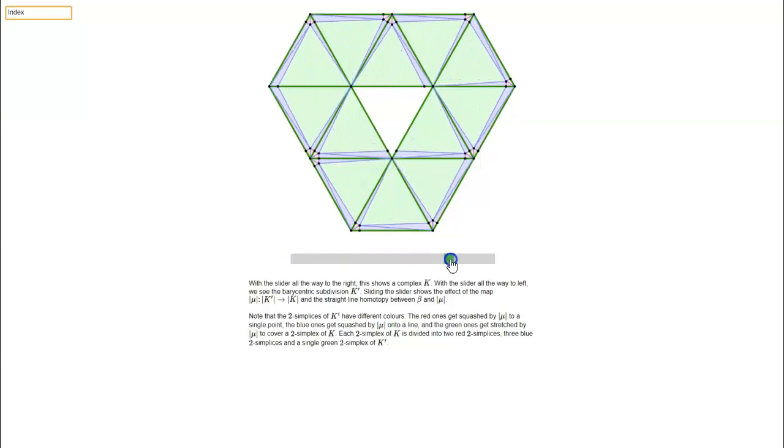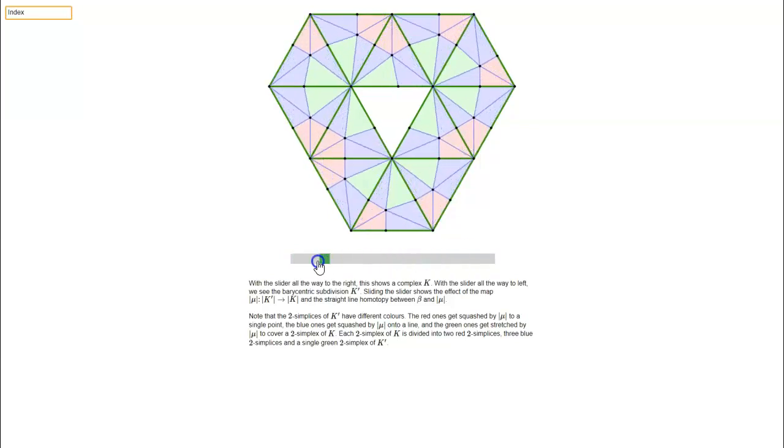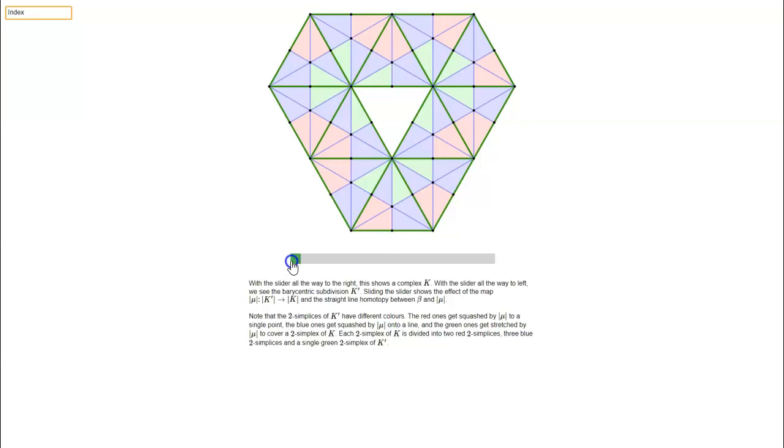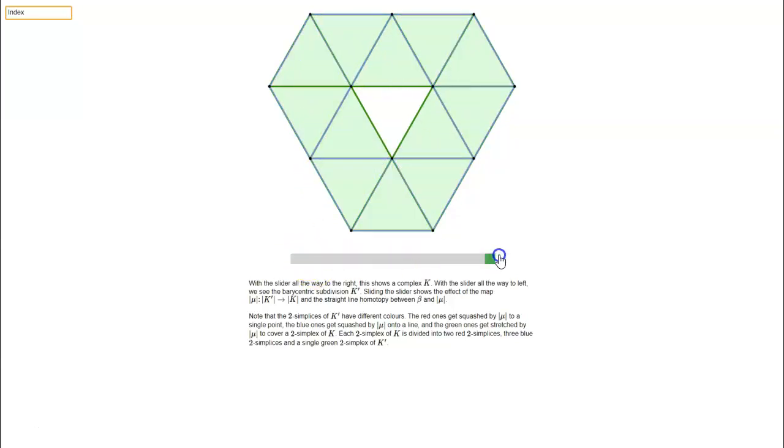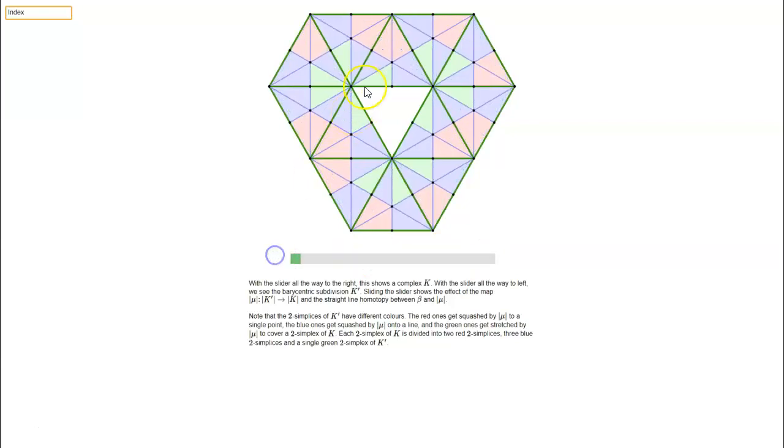And by doing the slider, we're seeing the homotopy between. This is a picture of the geometric realization of K prime essentially, whereas this is a picture of the geometric realization of K. And this original picture is showing you the effect of the map beta, which gives us a homeomorphism from the realization of K prime to the realization of K.